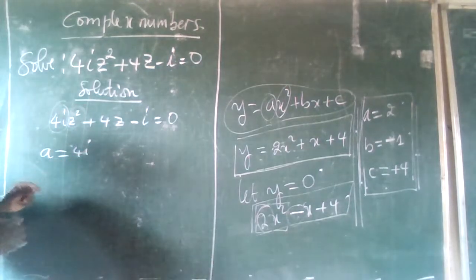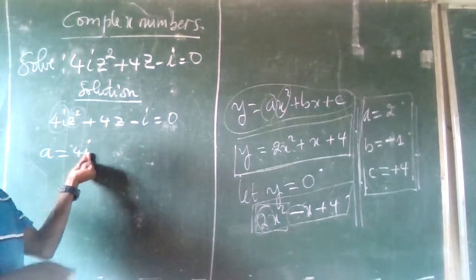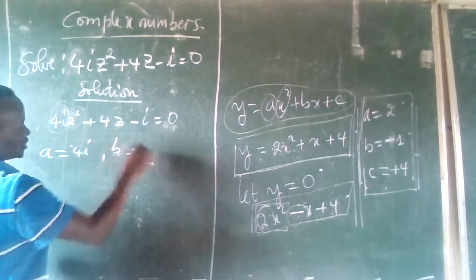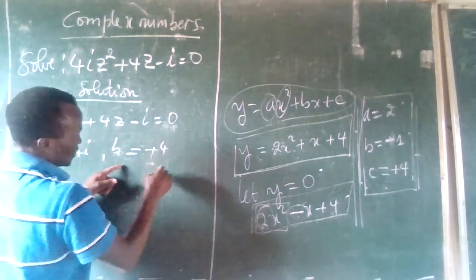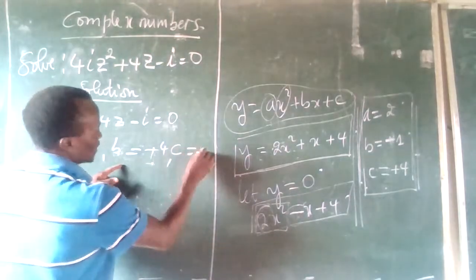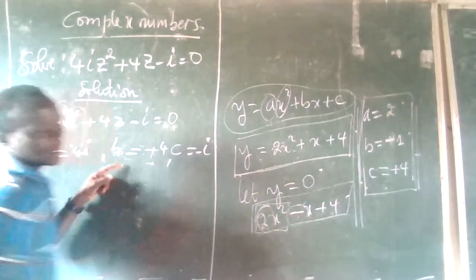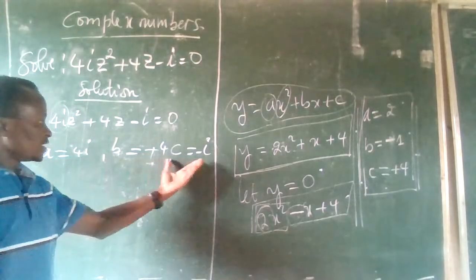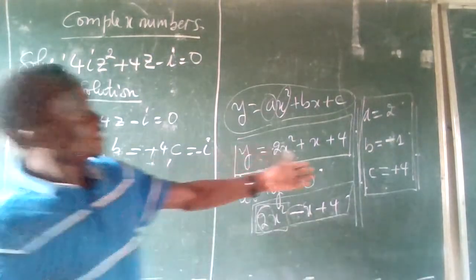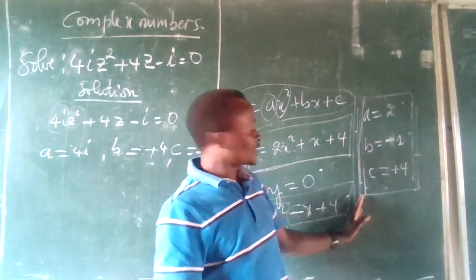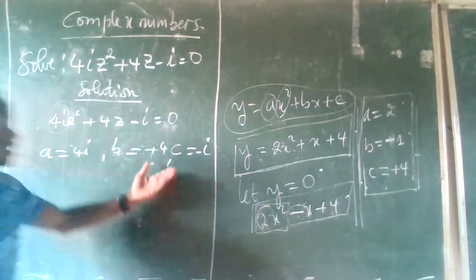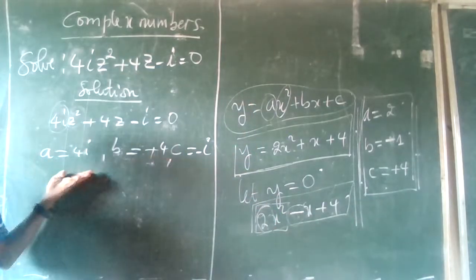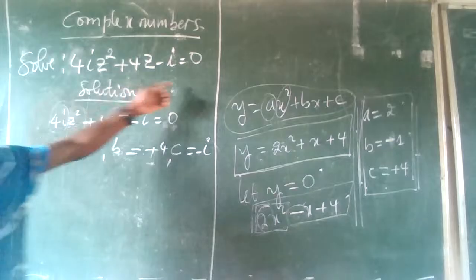We are in complex numbers. Now b is plus 1, and c is minus i. Now we are going to use this as I told you about the quadratic equation, and try to solve our complex equation.